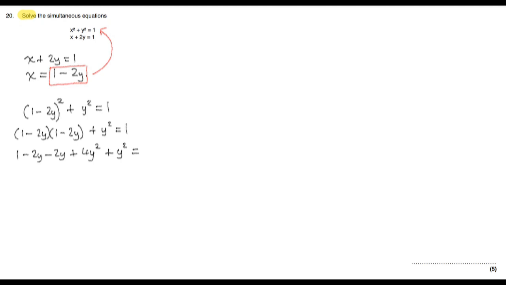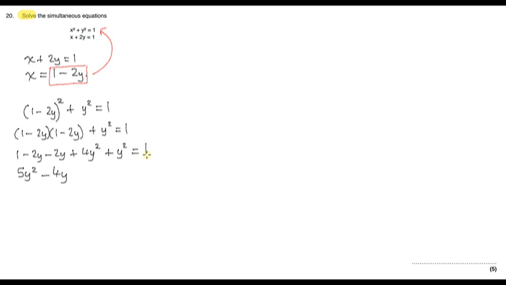So I'm going to first of all simplify all of the y squared terms. We've got 4y squared plus y squared. That's going to give me 5y squared. Now let's simplify the y terms. We've got negative 2y minus 2y. That's negative 4y. And then I want to put 0 on the other side.